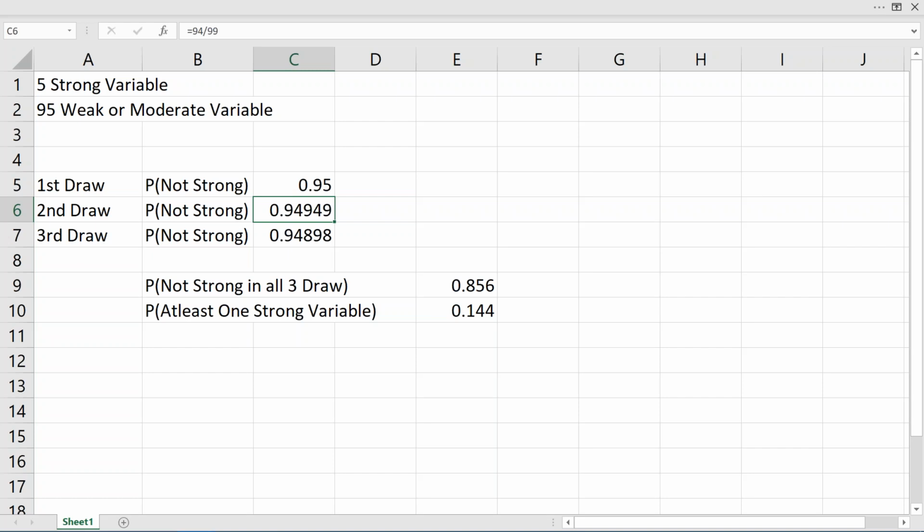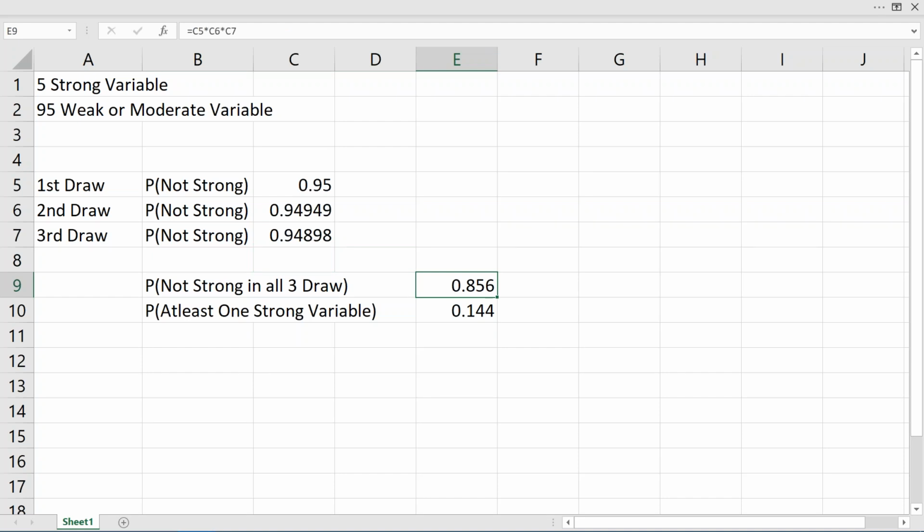Assuming in the first and the second draw we did not get a strong variable, the probability of not getting a strong variable in the third draw also will be 93 by 98. The probability of not getting a strong variable in all three draws will be equal to 0.95 multiplied by 0.949 multiplied by 0.948.